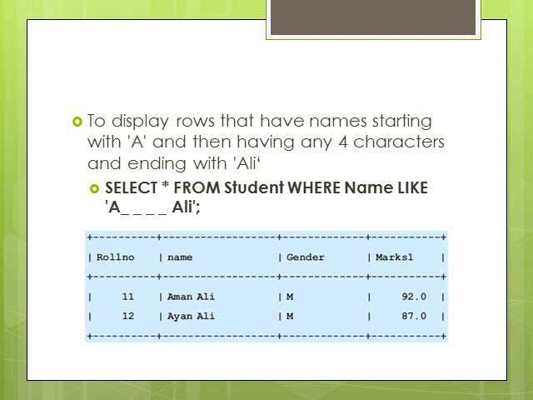In this example, to display the rows which have names starting with capital A, then having any 4 characters, and ending with Ali, the query will be select star from student where name like A underscore underscore underscore underscore, meaning 4 underscores, and Ali. The output is 2 records, with names Aman Ali and Ayan Ali. Both start with A and have Ali at the end.